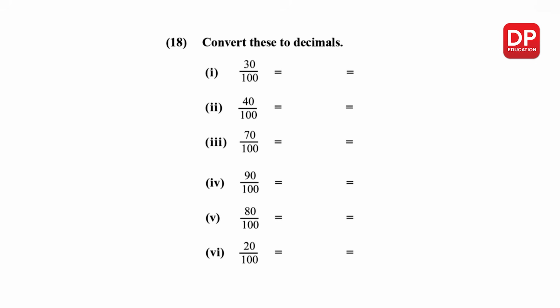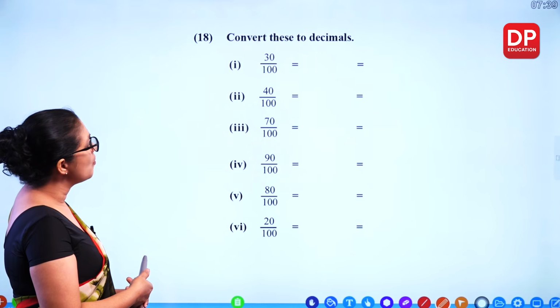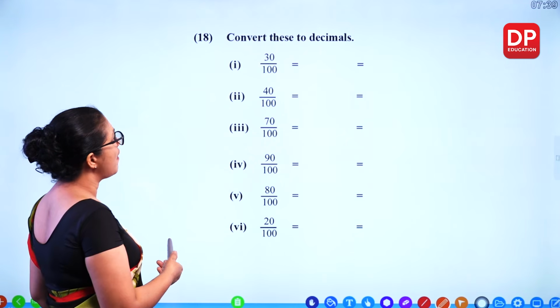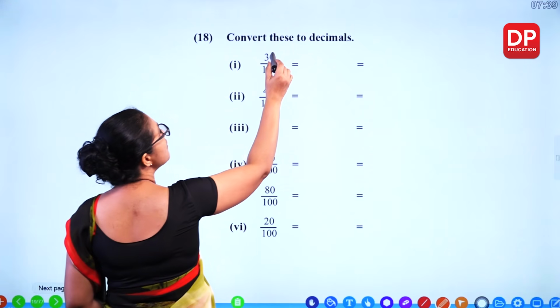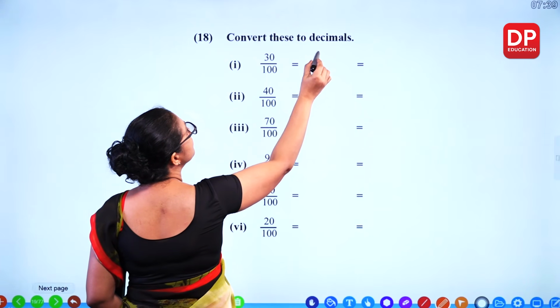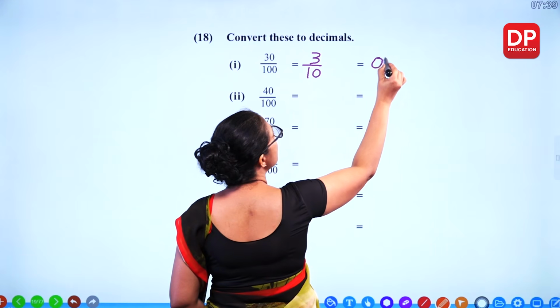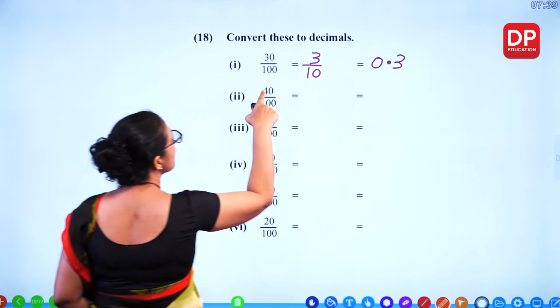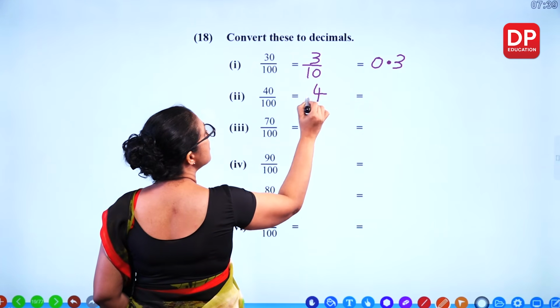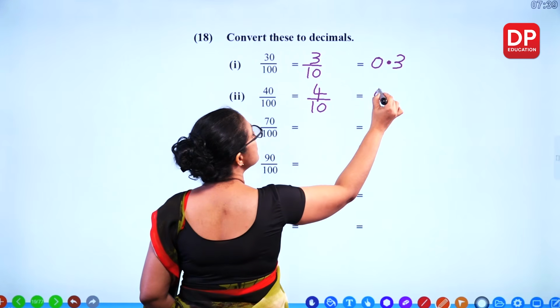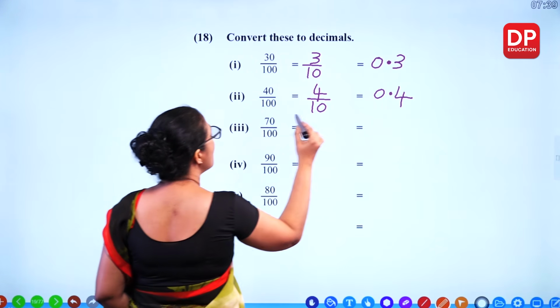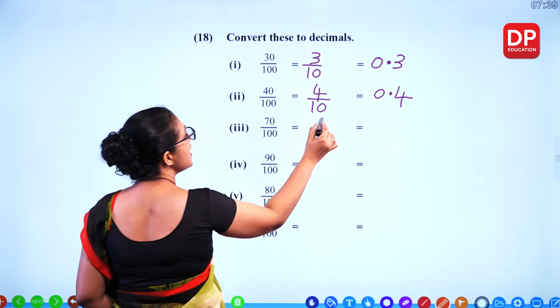Convert these to decimals. What can we write? I can simplify. Divide by 10. We can write 3 over 10. 3 over 10 is 0.3. Divide by 10. I get 4 over 10. This becomes 0.4. Divide by 10.